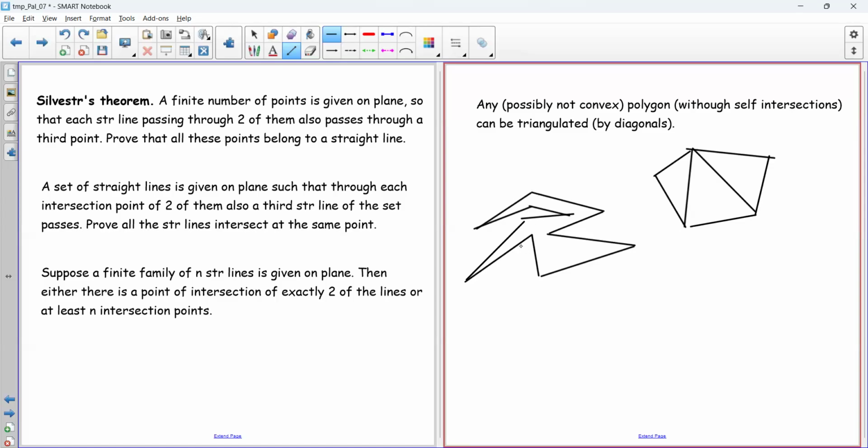And here it's not that clear how to systematically explain that it could be diagonalized, because, for example, if we try to apply this construction here, starting from this point, we just cannot draw most of the diagonals. We can draw a diagonal just to this point.